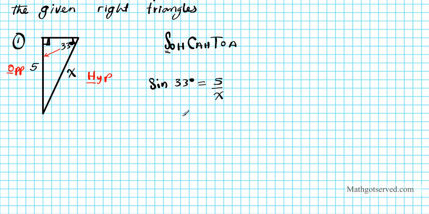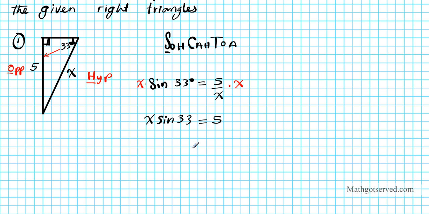All right. So we need to get x by itself. So we have x downstairs here, so that's a problem. We need to bring it up first. So to bring x up, we need to multiply both sides by x. So what we're going to have is x sine 33 equals 5.